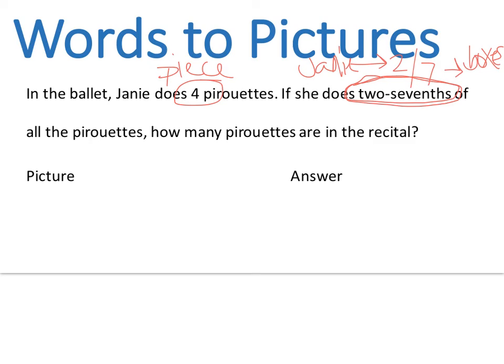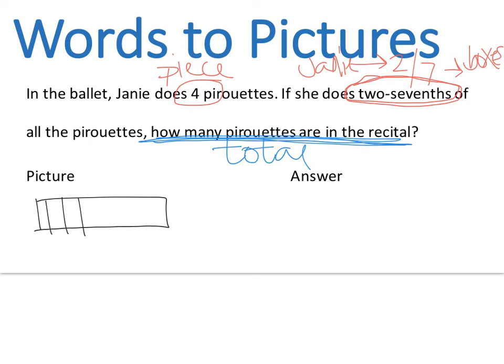The question, again, the most important part: how many pirouettes are in the recital? So here they're asking me for the total number of pirouettes. So I need to figure out what one box represents so that I can add up what all 7 mean. So I have my 7 boxes. I know that 2 of them belong to Janie, and Janie did 4 pirouettes. So if Janie did 4 pirouettes, how many pirouettes are represented by one box?